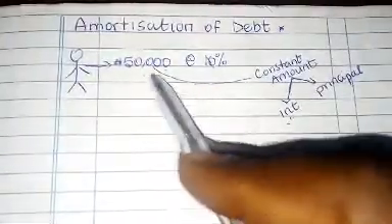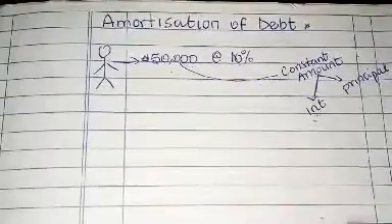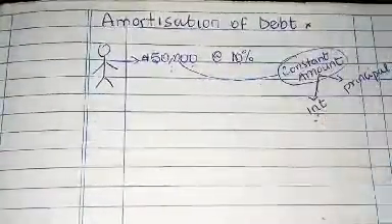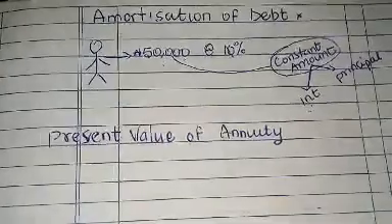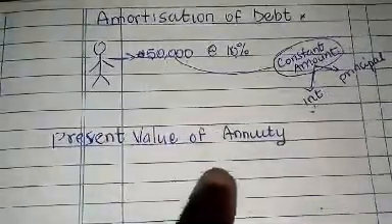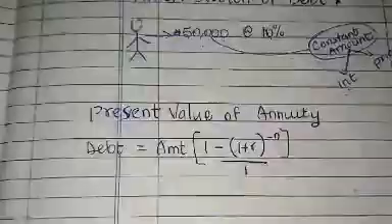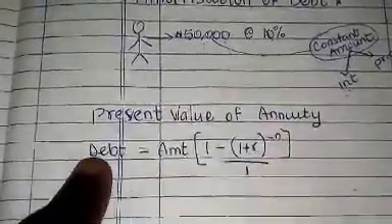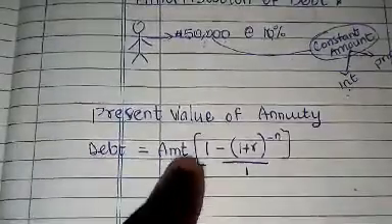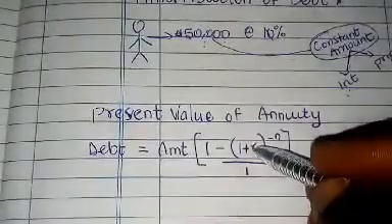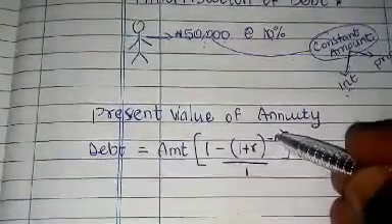So the first thing to do is to ascertain this constant amount using a formula known as the present value of annuity. And what is that formula? The debt equals the amount into brackets 1 plus the interest rate, raised to the number of years.